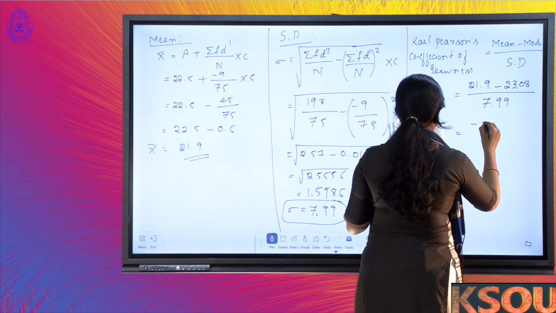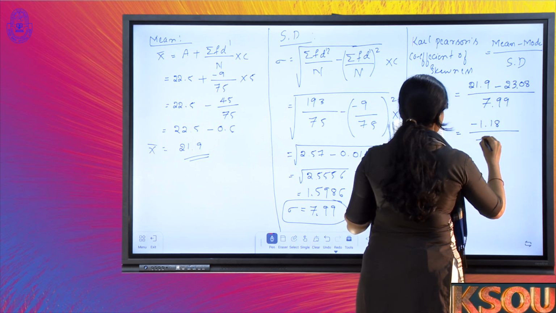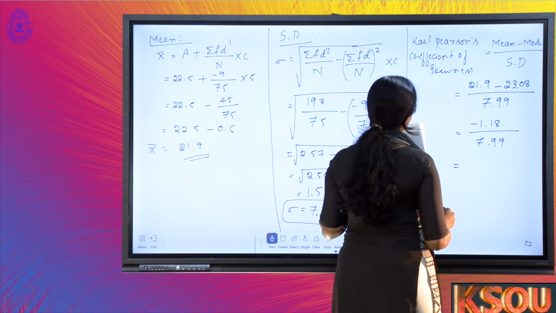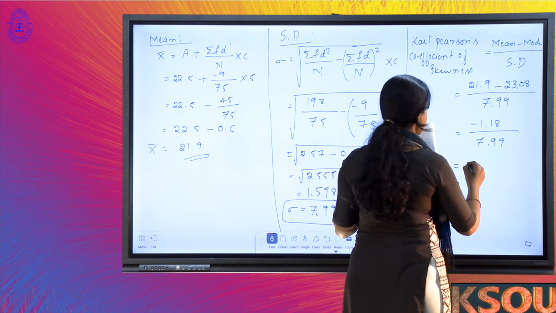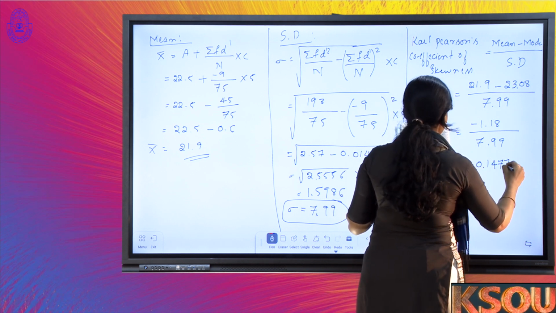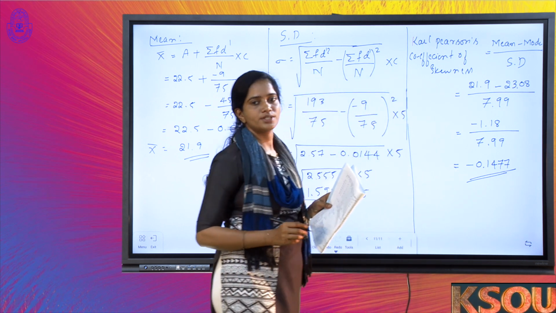So, take the numerator value, that is minus 1.18 divided by 7.99. You will get the Karl Pearson coefficient of skewness as minus 0.1477. So, this will be the answer for this question.